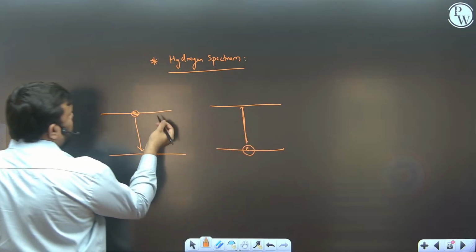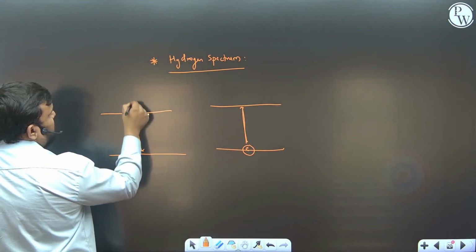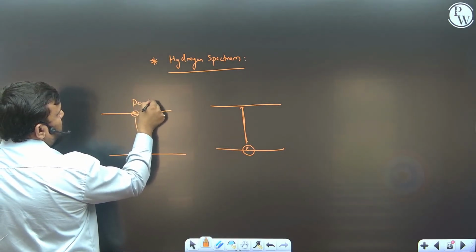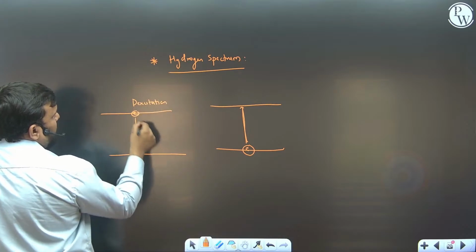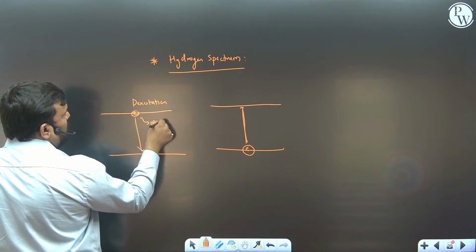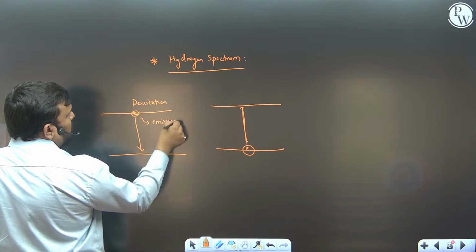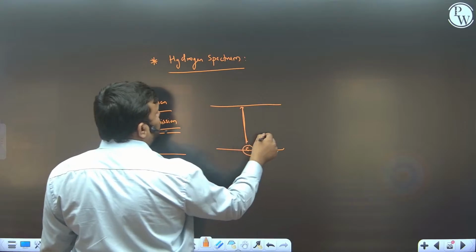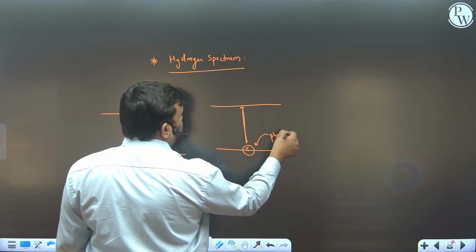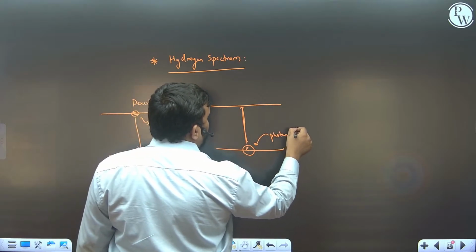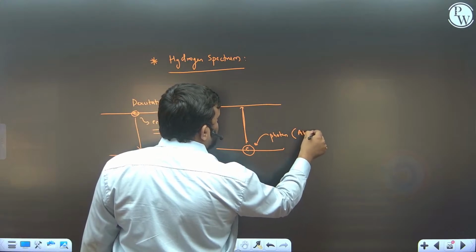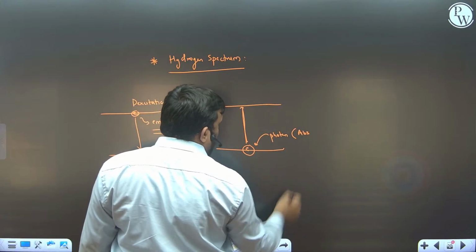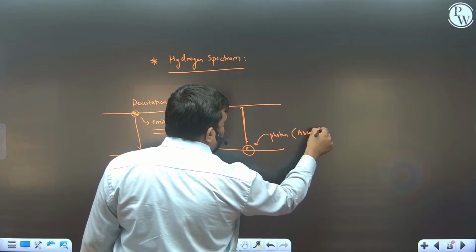If there is de-excitation, there will be emission of a photon, emission spectrum, and if a photon is incident on the electron, that is absorption. So we can have emission spectrum or absorption spectrum.